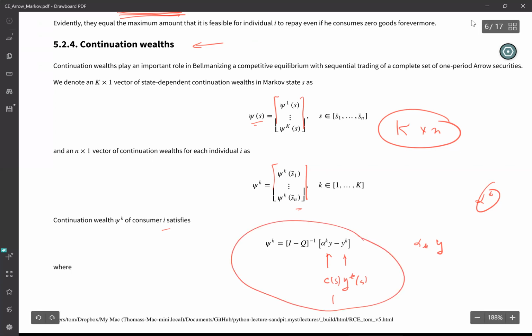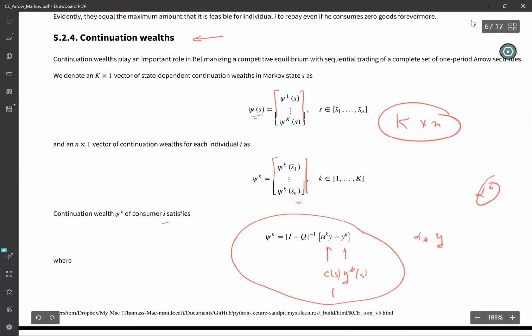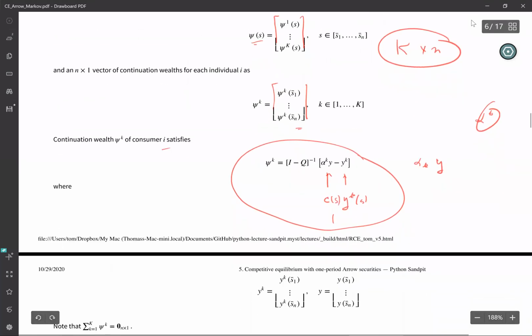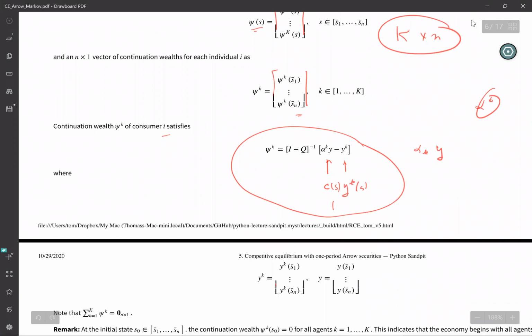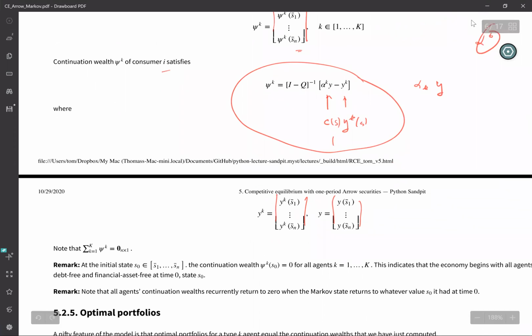And I'm just applying our formulas to what we did when we constructed a competitive equilibrium with trading of Arrow securities. But I needed those continuation wealths. Okay, those look like that.